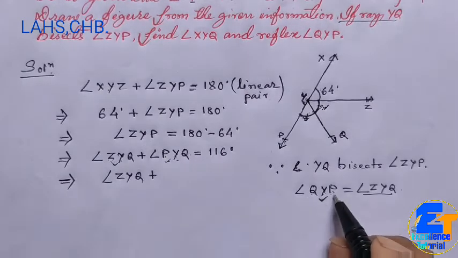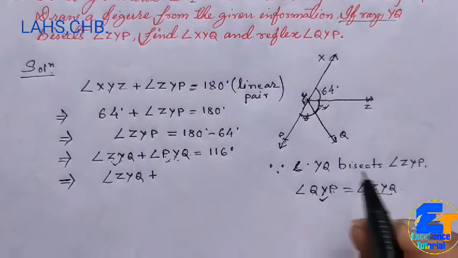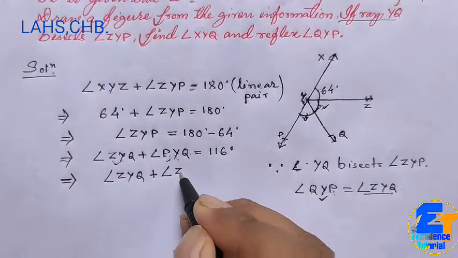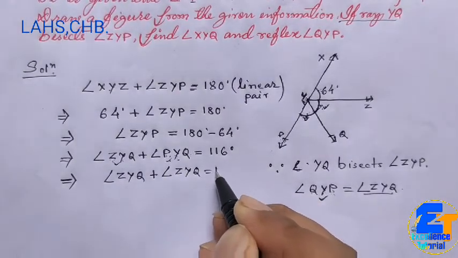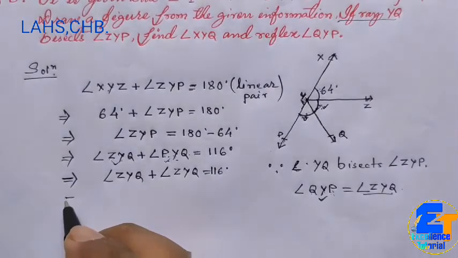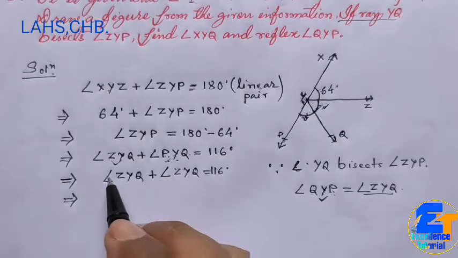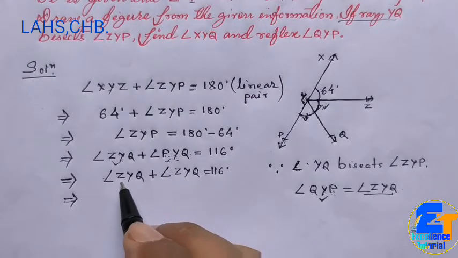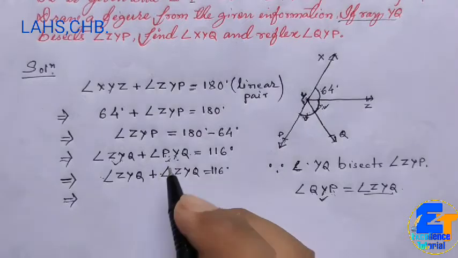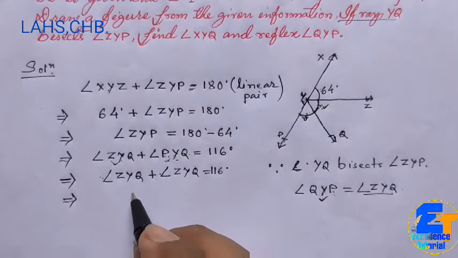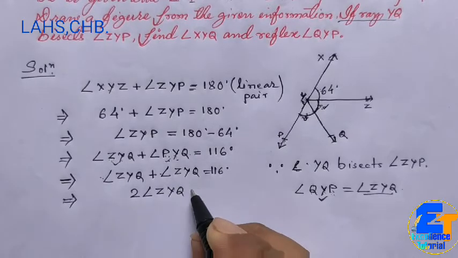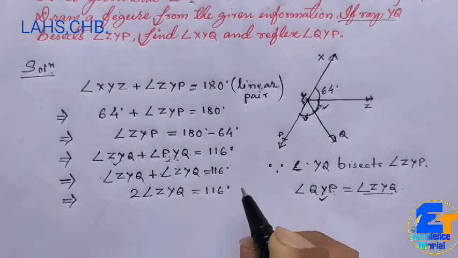Since angle PYQ is equal to angle ZYQ, in this place we write angle ZYQ equal to 116 degrees. Now in this step we can add these two angles, one angle ZYQ and another angle ZYQ, so it becomes twice angle ZYQ equal to 116 degrees.